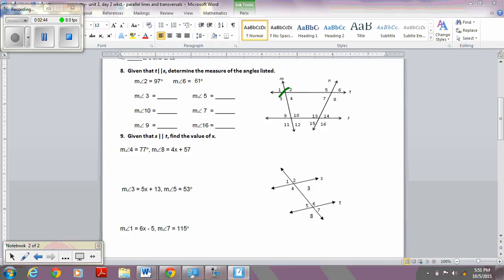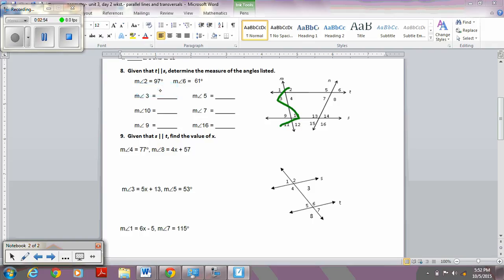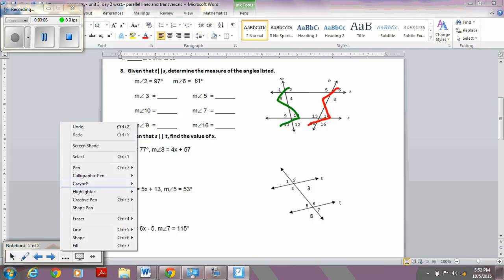Angle 2 is congruent with 3, which is congruent with 10, which is congruent with 11. Do a similar thing with angle 6. For angle 6, 7 is congruent, 14 is congruent, as well as 15. So that would help out answer our questions pretty quickly.